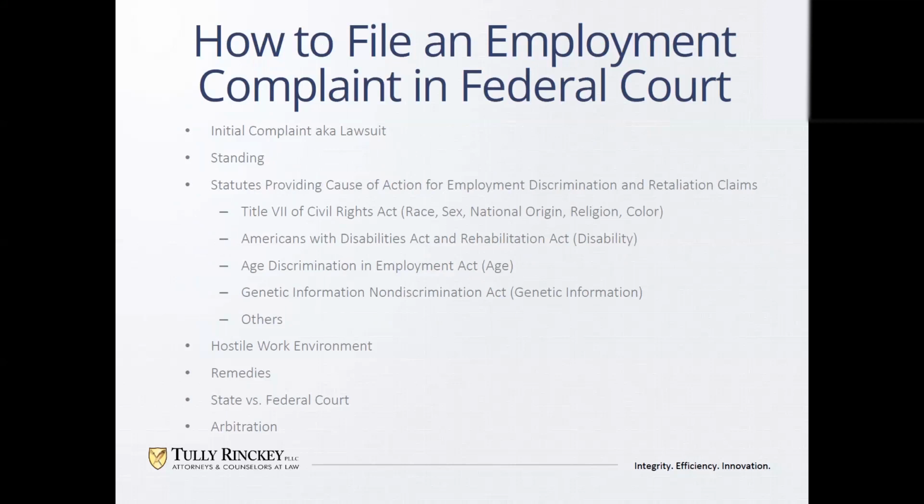These acts also employ a hostile work environment analysis, meaning if you feel that you've been treated differently or subject to a hostile work environment over a period of time, you could use these acts to file in federal court. These are the main laws that employees could use to file in federal court. There may be others, local state laws that are counterparts to these, but these are the main laws that employees could use to file in federal court.